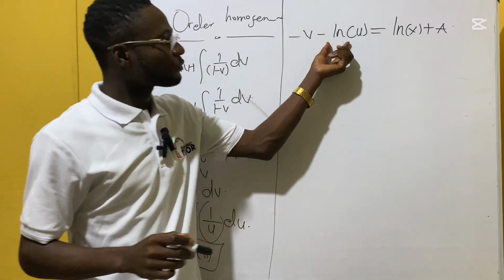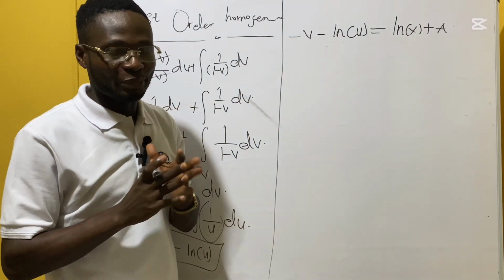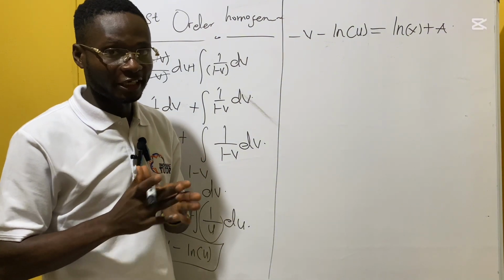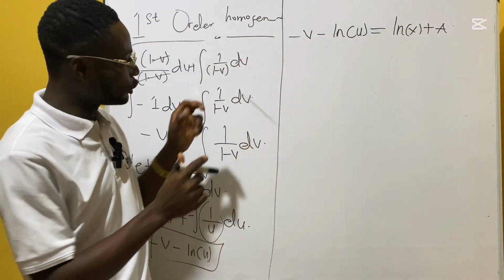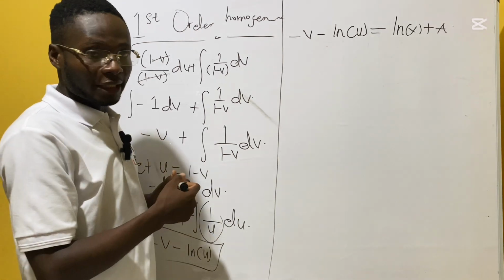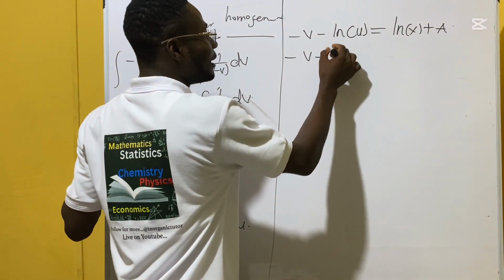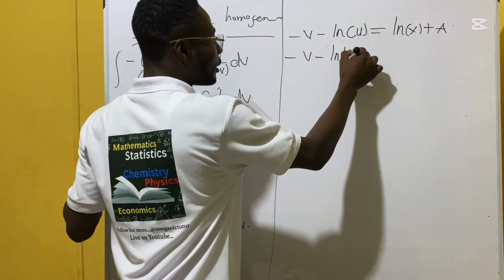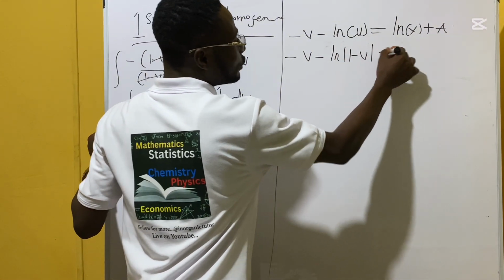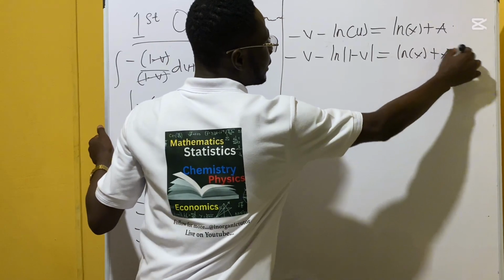Over here, we have to apply some basic pre-calculus knowledge. But let's first do our substitution. We said u should be equal to 1 minus v. So we have negative v minus ln of the absolute value of 1 minus v should be equal to ln x plus a.